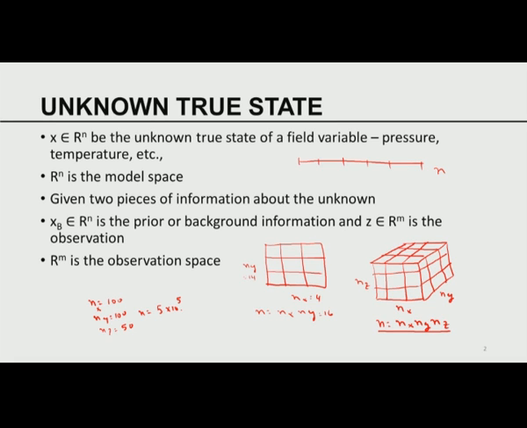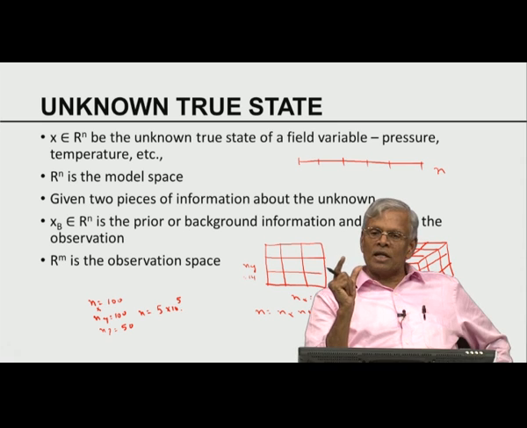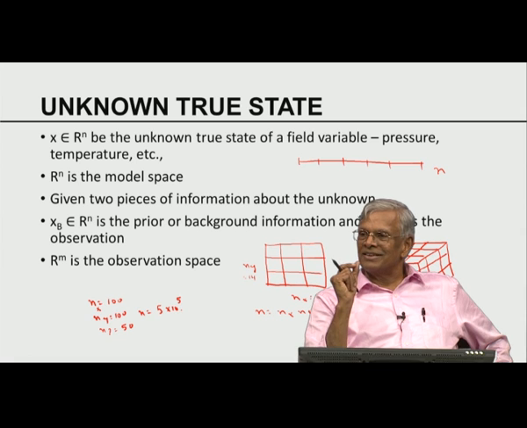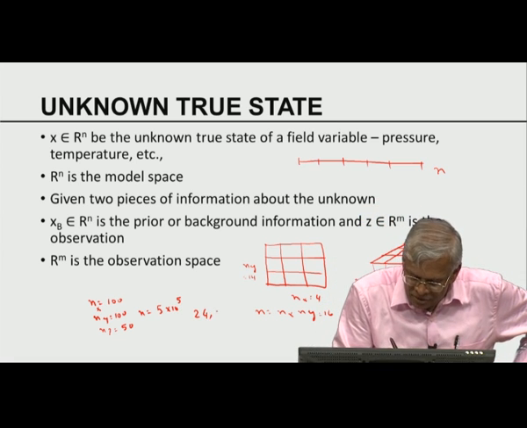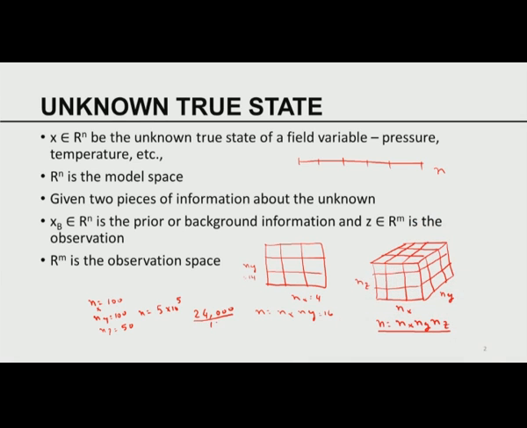If you consider a grid of 100 points covering 24,000 miles, the distance between two grid points is 24,000 divided by 100. That is a large distance. So that is 240 miles. The distance between two grid points is 240 miles.